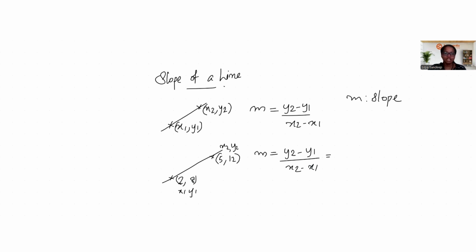Then y2 is 12 minus y1 is 8 over x2 is 5 minus x1 is 2. So 12 minus 8 is 4 over 5 minus 2 is 3. So the slope of this line is 4 over 3.